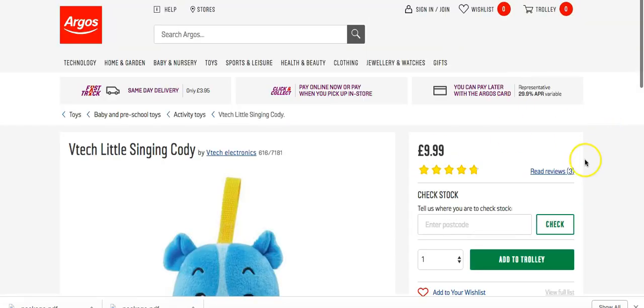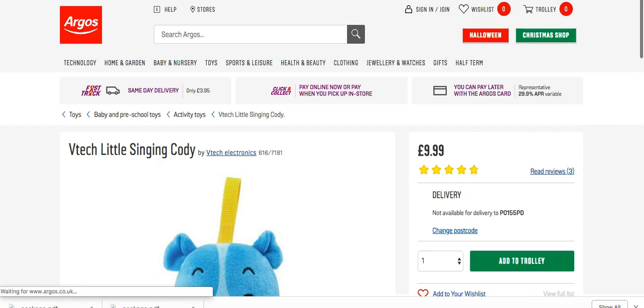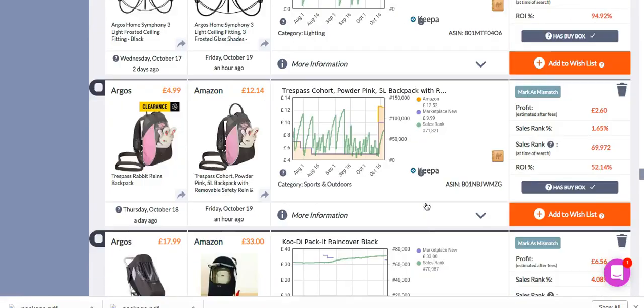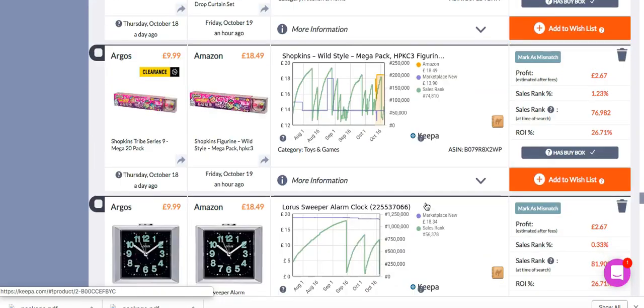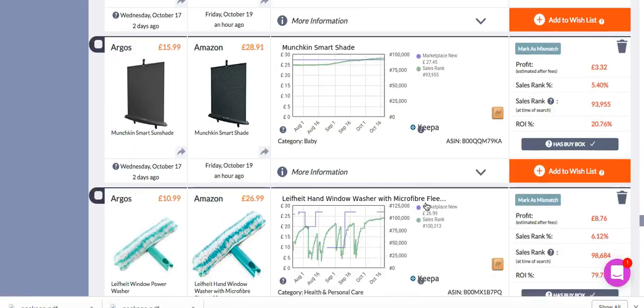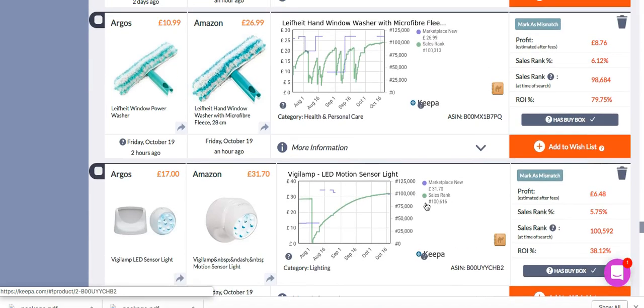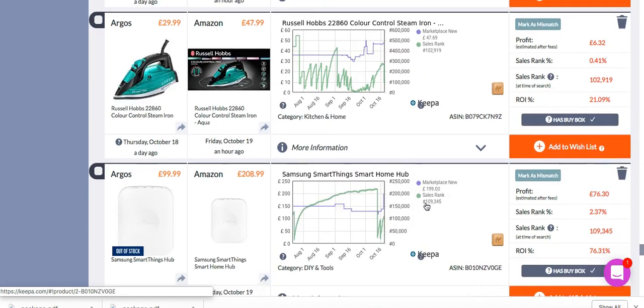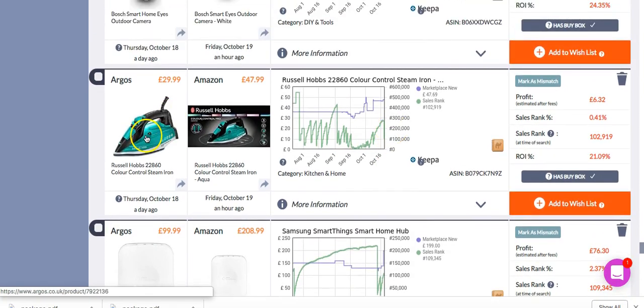So I'll keep the scans running all the time, and I'll just come back as and when I need, and go through. And I haven't bought anything from Argos this year. Last year I bought a lot from Argos, but the year before I really never did.